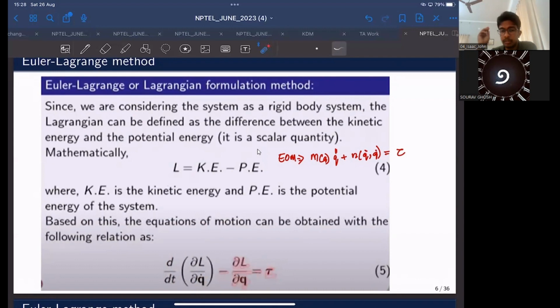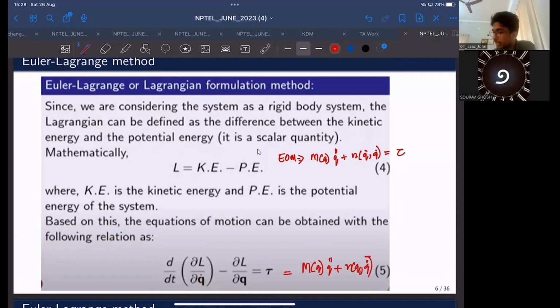We will get the torque vector. Once you have obtained the torque, you can assemble this as the mass matrix, M(q) times q double dot, plus N(q, q dot).